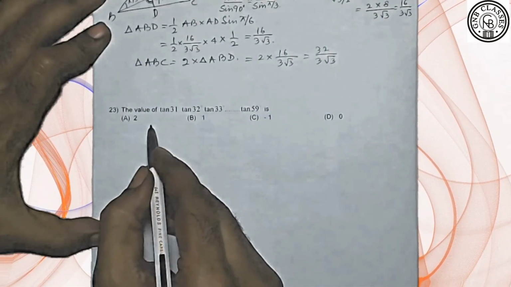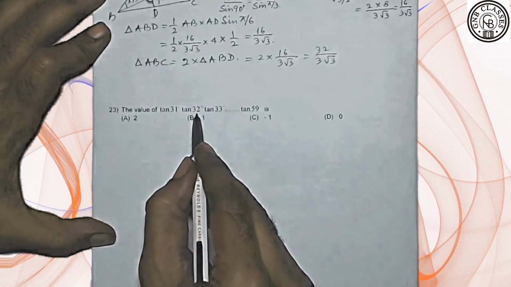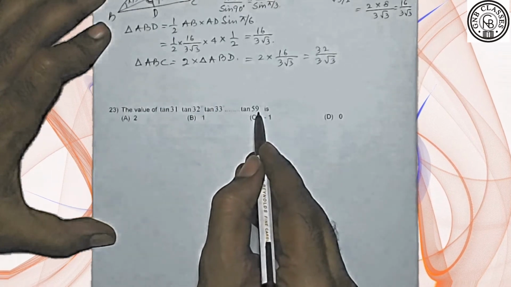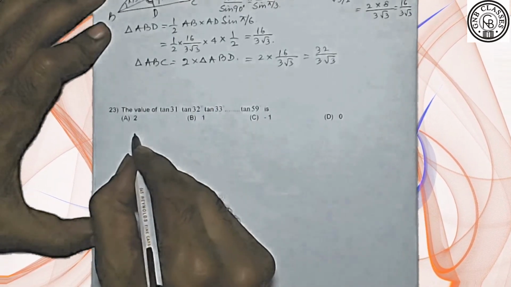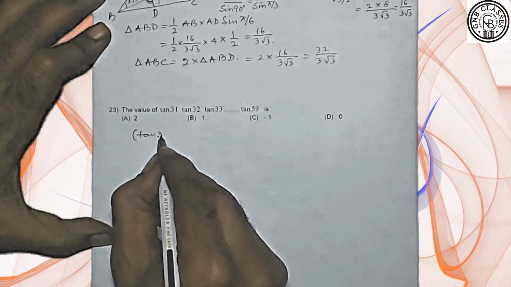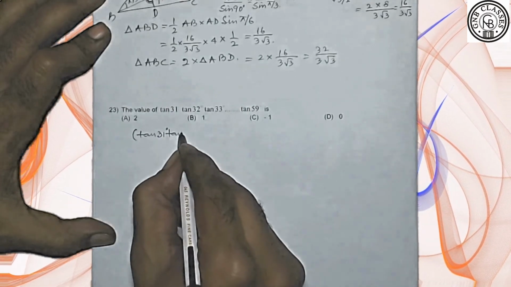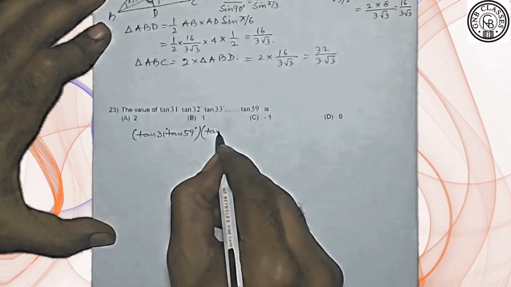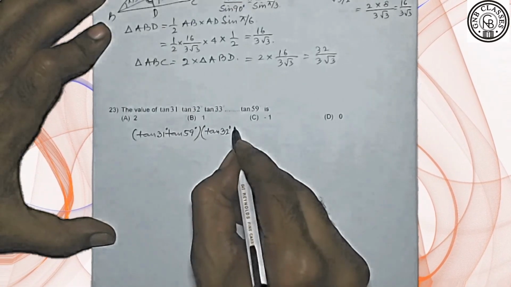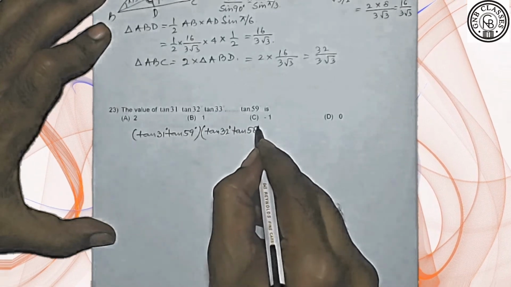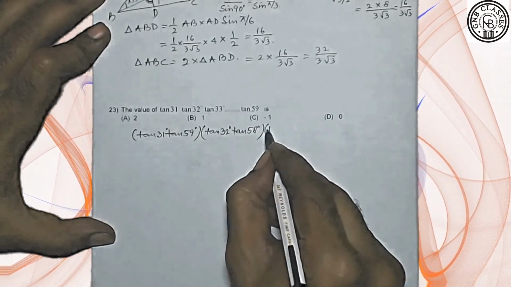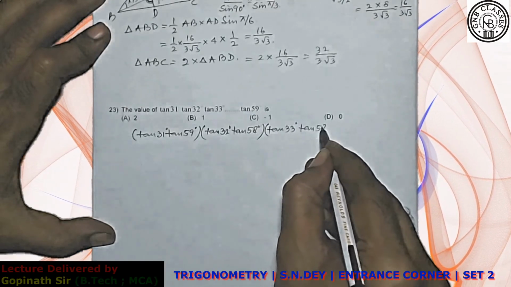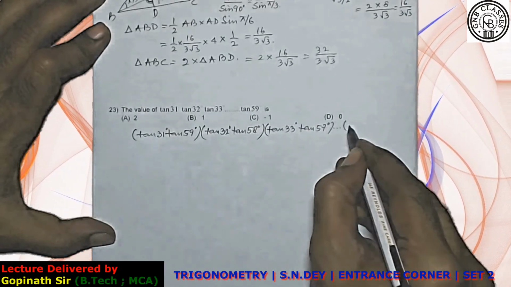We have to find out the value of tan 31 degrees, tan 32 degrees, tan 33 degrees, and so on till tan 59 degrees. So we can write it this way: tan 31, tan 59, tan 32, tan 58 degrees, tan 33, tan 57, and this goes on.